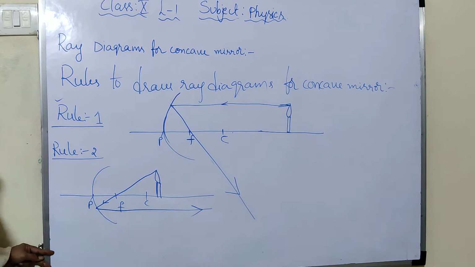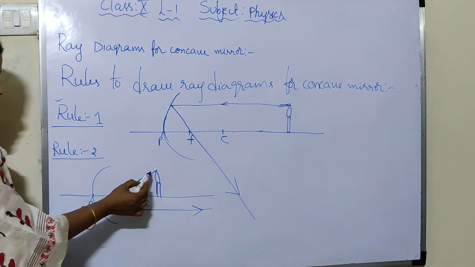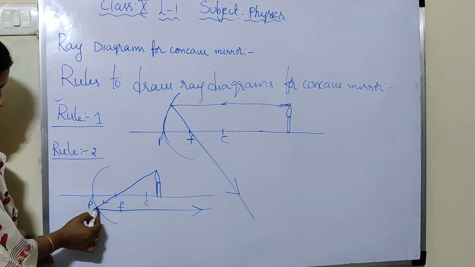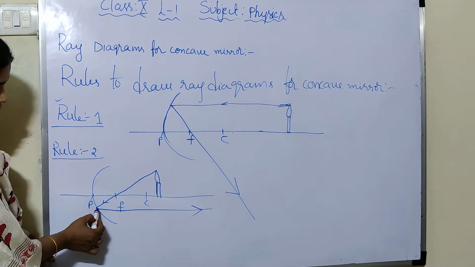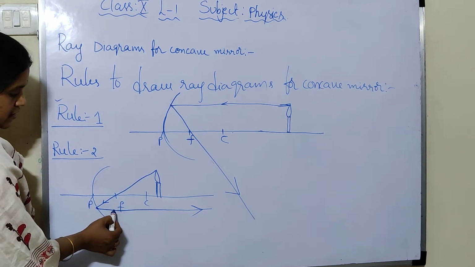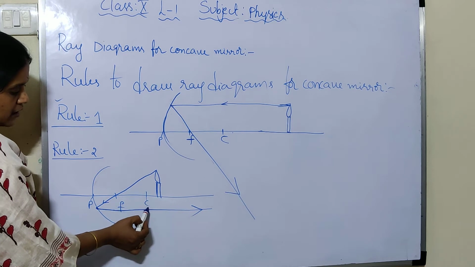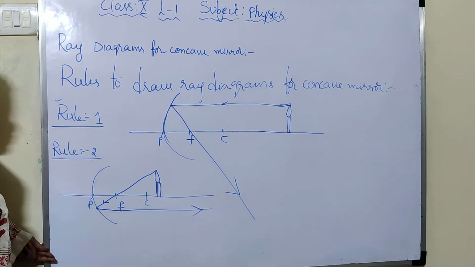It is the reverse of the first one. When a ray is passing through the focus, after the reflection, the reflected ray is parallel to the principal axis. This is rule 2.